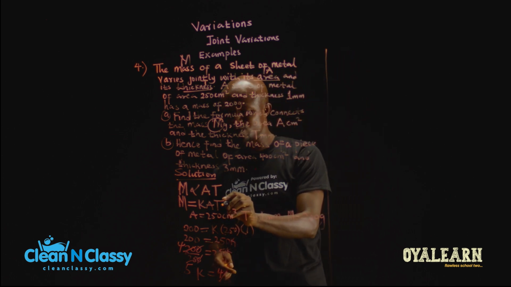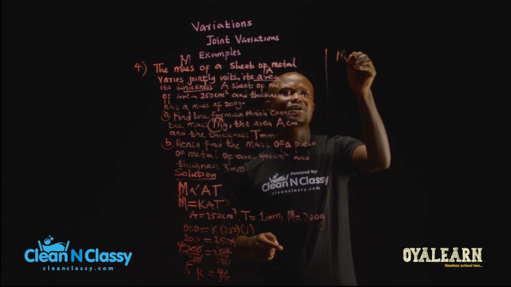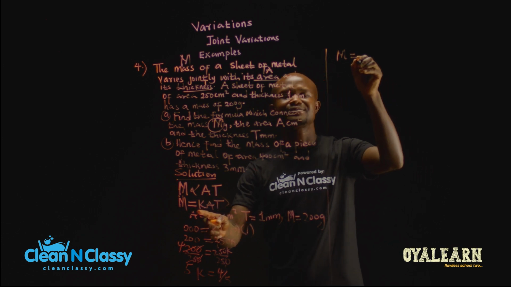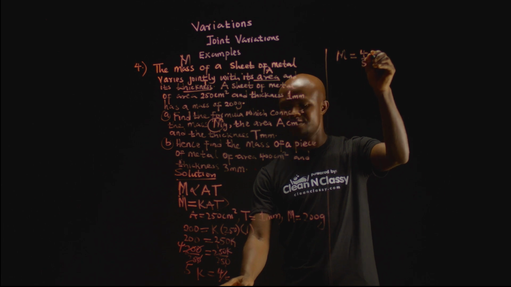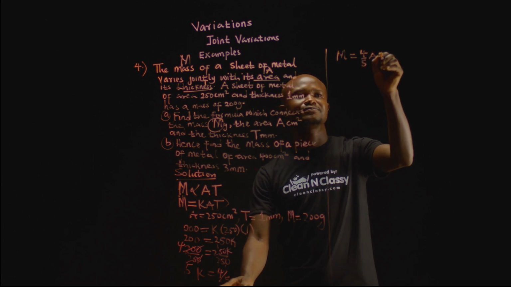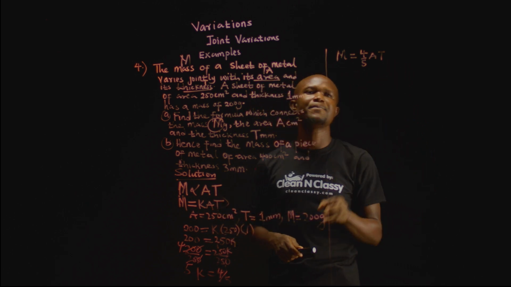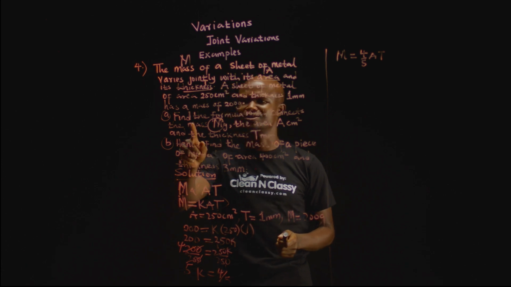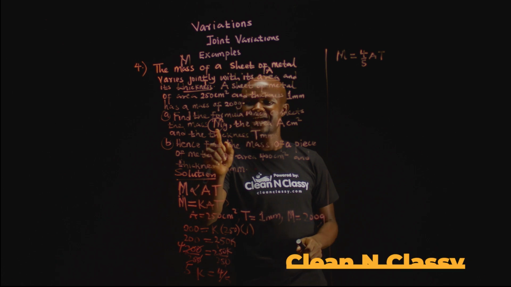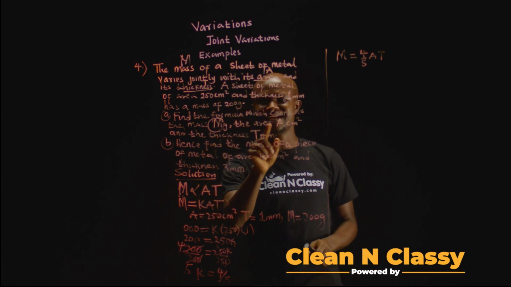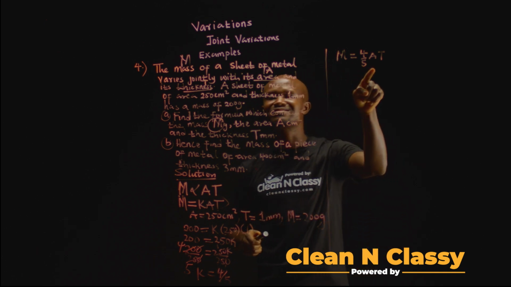From here, M equals K. Instead of writing K now, we write 4 over 5, so M equals 4 over 5 AT. So that's the relationship connecting M, A, and T. Look at the question: find the formula which connects mass M in gram, the area A in centimeter square, and the thickness T in millimeter. So this is the answer to the question.